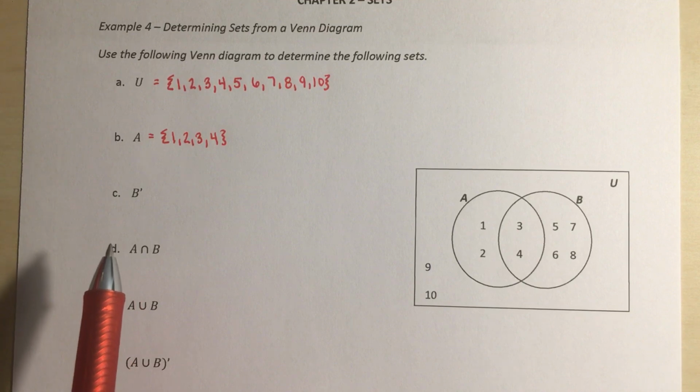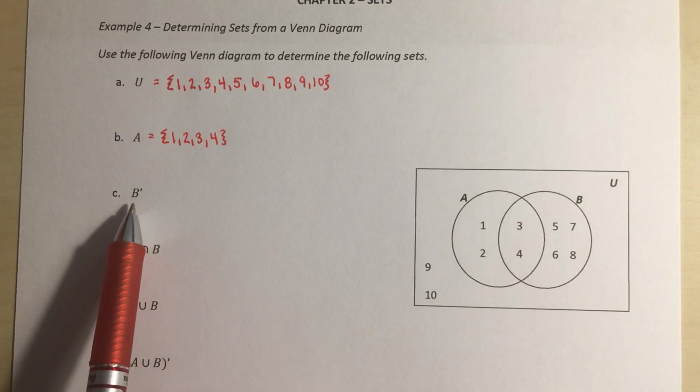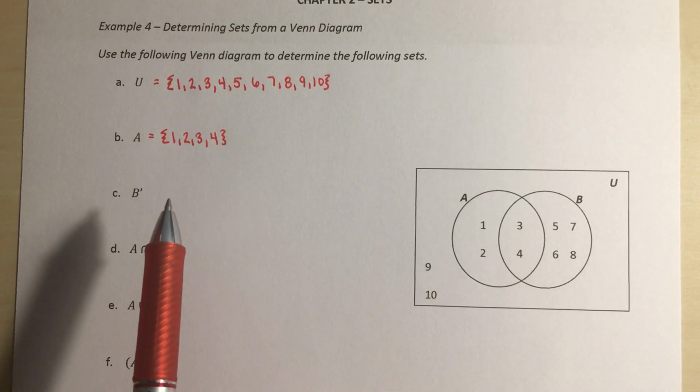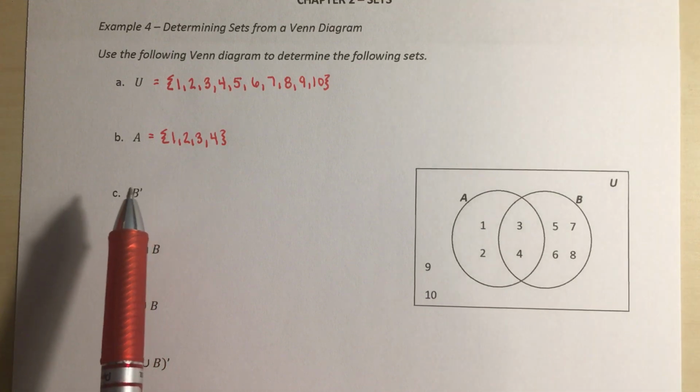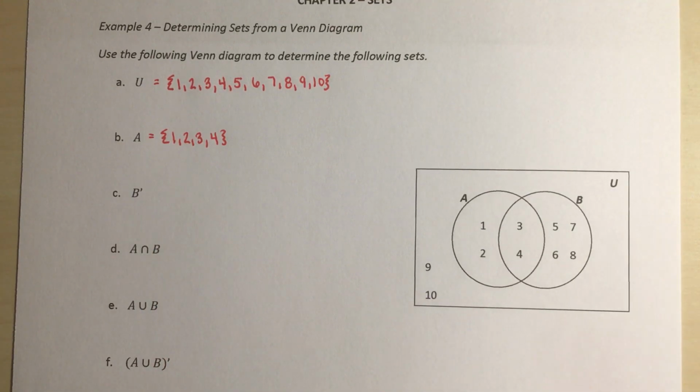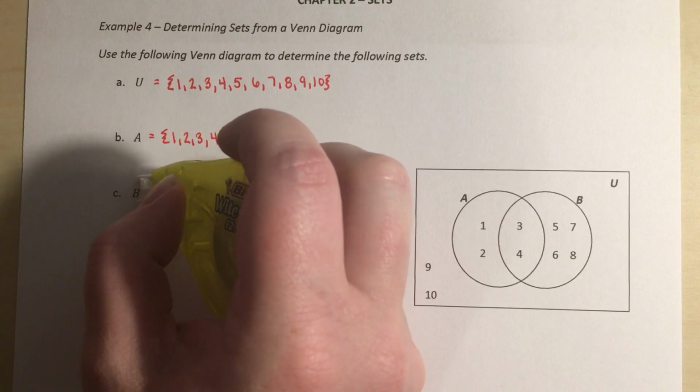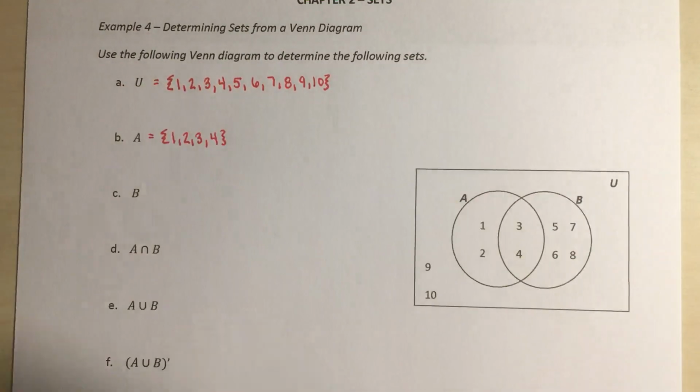The next one we're asked for is the complement of, and that is actually a typo. I don't want that to be a complement, so we're going to fix that. We're going to get rid of that little apostrophe there. I'll fix that in the other notes that are online. We just want set B because we want to be able to use this to answer the rest of our questions.